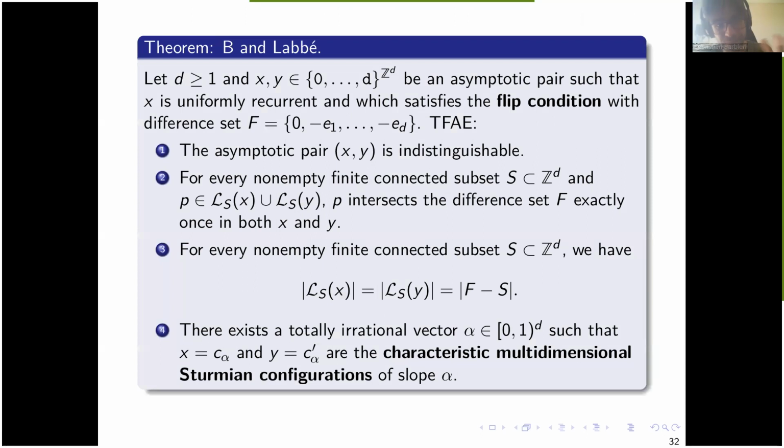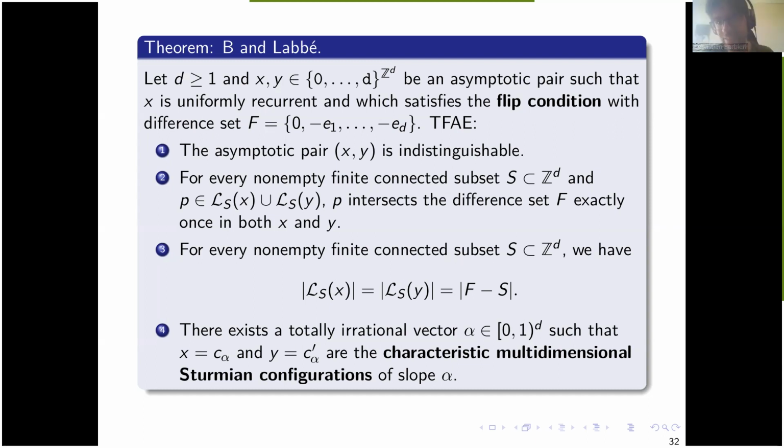And what we can show, I'm putting back the theorem, is that if I have an asymptotic pair, x and y, which is uniformly recurrent and satisfies the flip condition, then I have all these characterizations. The asymptotic pair is indistinguishable. Each pattern intersects exactly once the difference set. I know exactly what the complexity is.